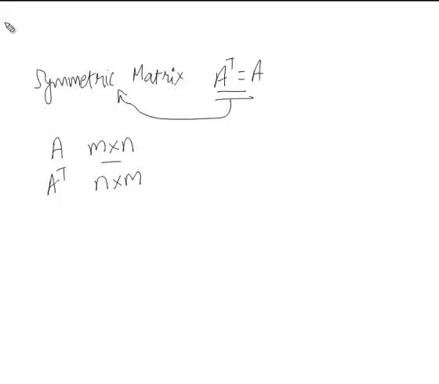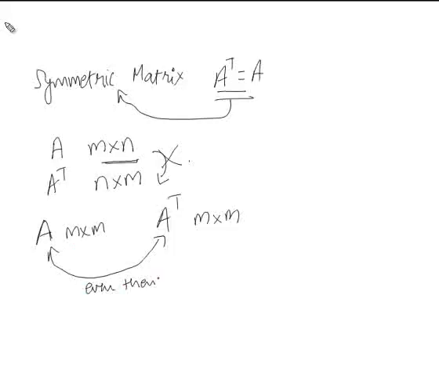Clearly m cross n can never be equal to n cross m. Correct? Only if A is m cross m, A transpose will also be m cross m. Even then these two need not be the same. Even if this is satisfied, even then A need not be equal to A transpose. Why? Let us take an example. What I am trying to prove here is that if A is m cross n, definitely A cannot be a symmetric matrix.